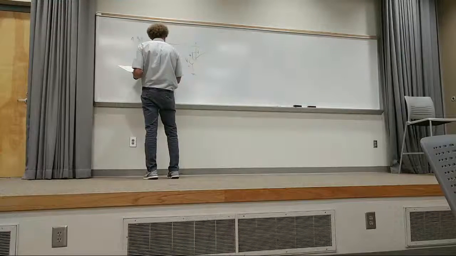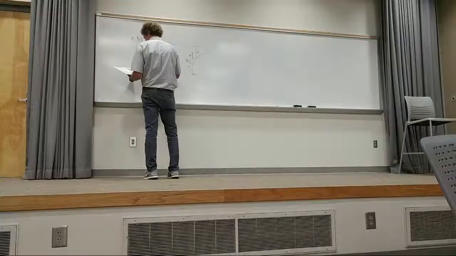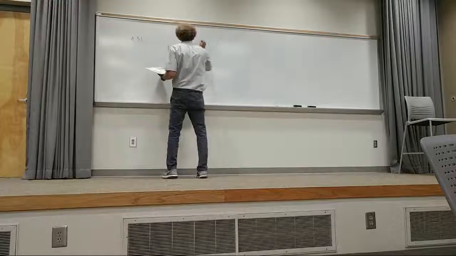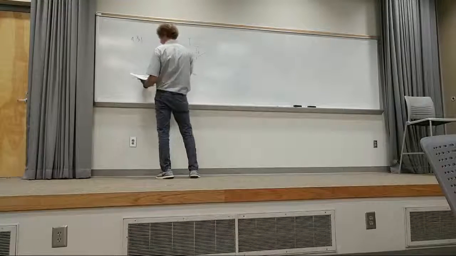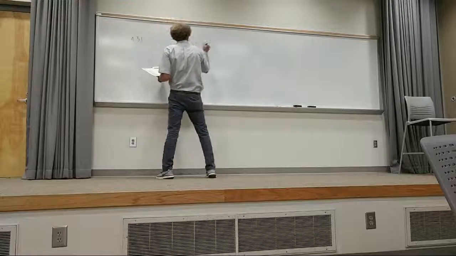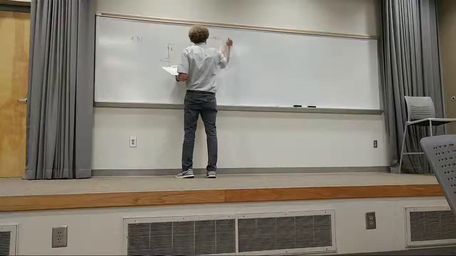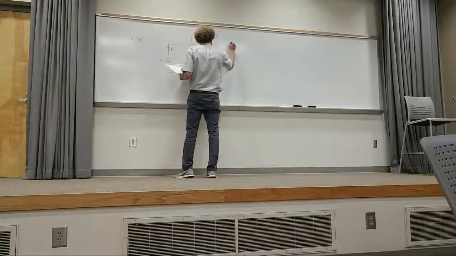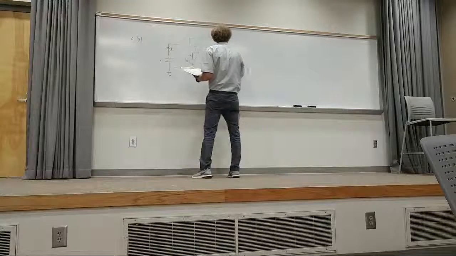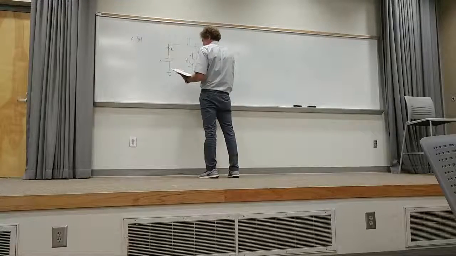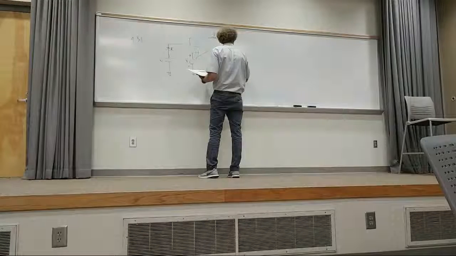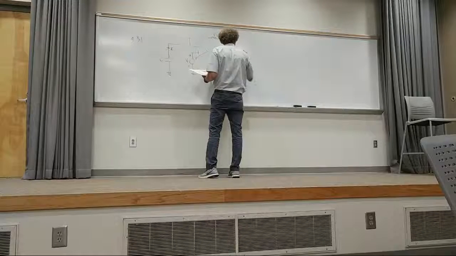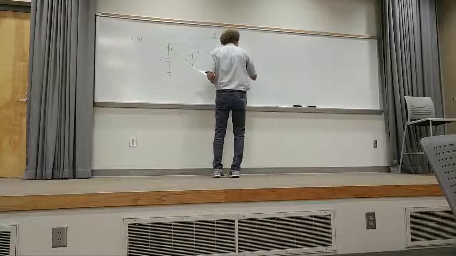This is grounded. And there's a resistor, this is R1, and this resistor will be R2. And they want this voltage. We'll call this V out.